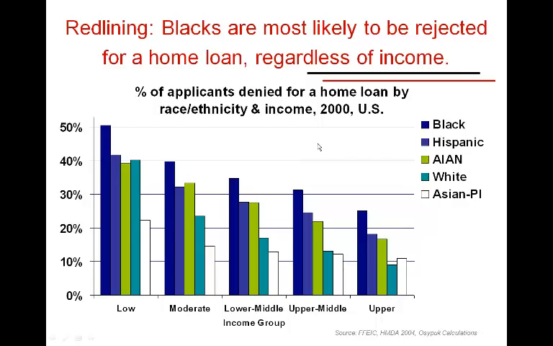Here you have the percentage of applicants denied for a home loan by race, ethnicity, and also broken down by income. So you can see that blacks are most likely to be rejected for a home loan at every income level here, including the upper income level. So this is, again, a group that is all comparable in terms of income, and you can see these really dramatic racial ethnic disparities in terms of who's more likely to be rejected for a mortgage.